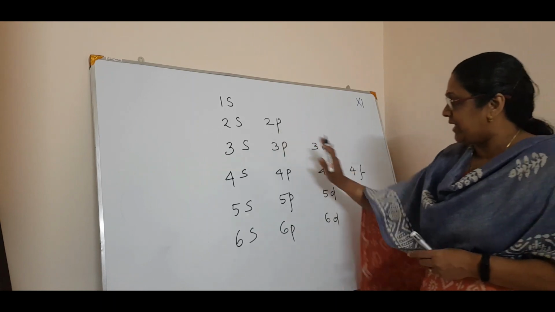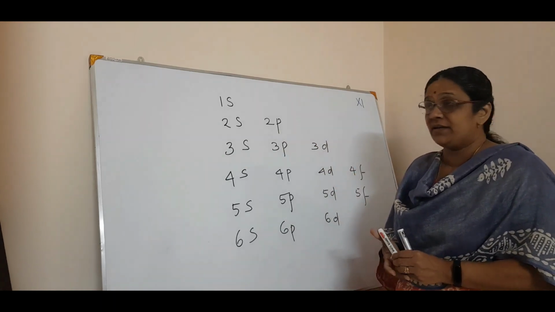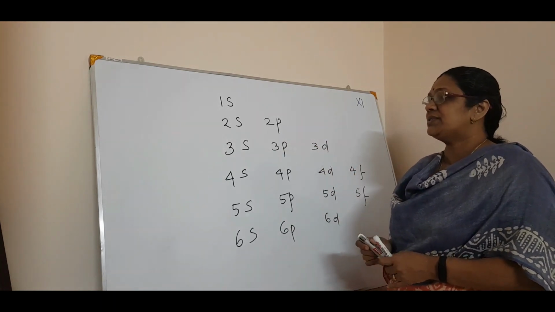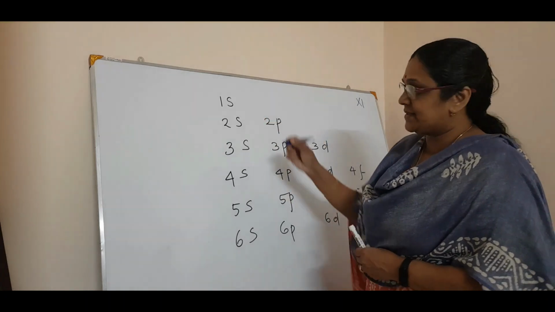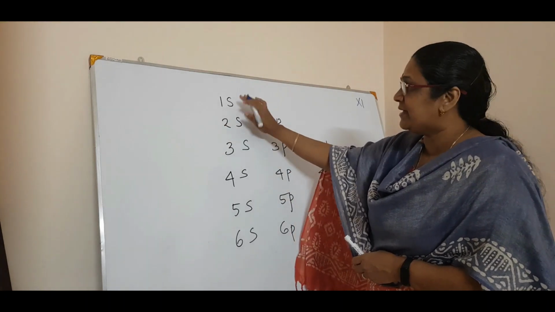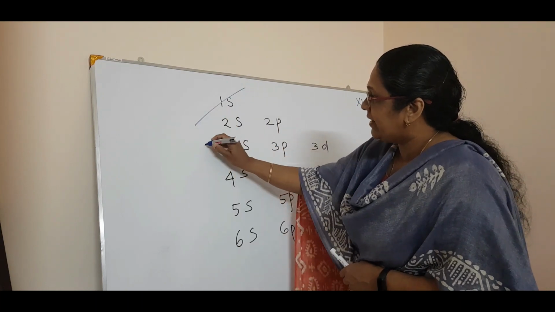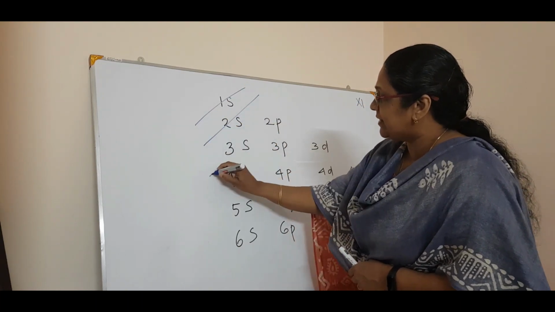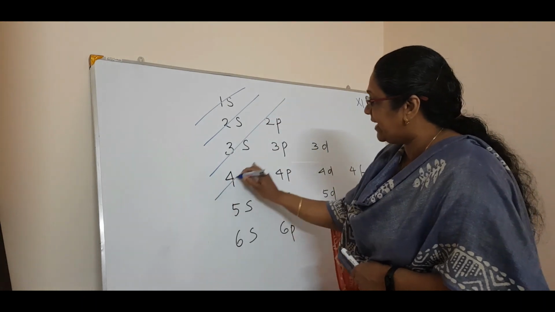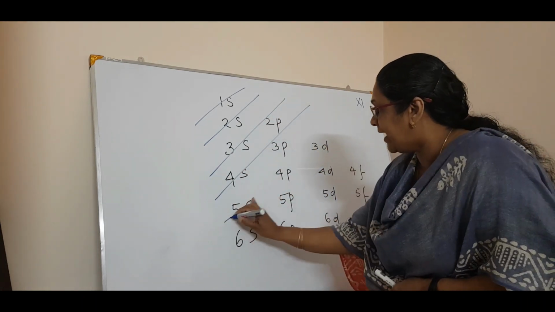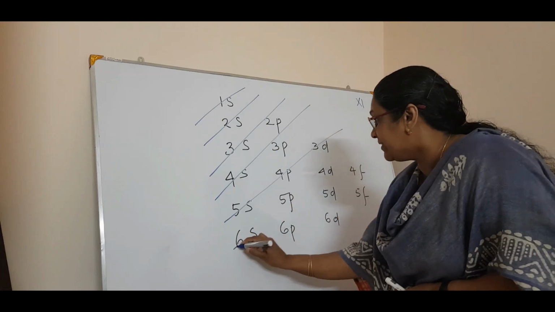You know the format, right? It is easy. Now you have to connect this to know the increasing order. That's a trick. Diagonally you cut it, you will have like this.